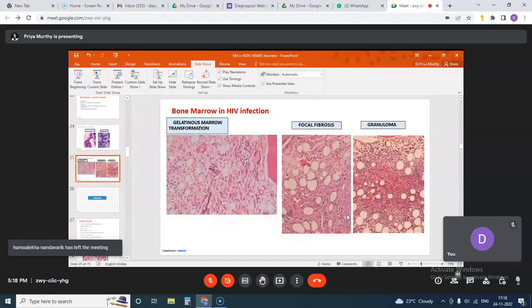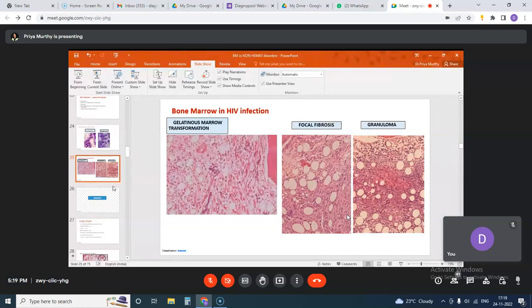And similarly, in the bone marrow biopsy, this is the eosinophilic gelatinous marrow transformation, which replaces the hemopoietic cells, thereby causing pancytopenia and anemia, sometimes associated with focal fibrosis, and occasionally granulomas are also seen.